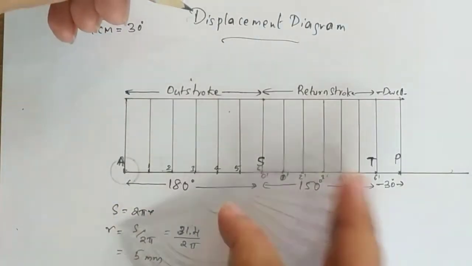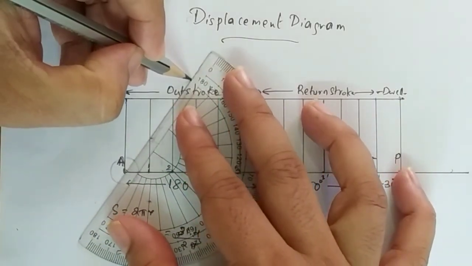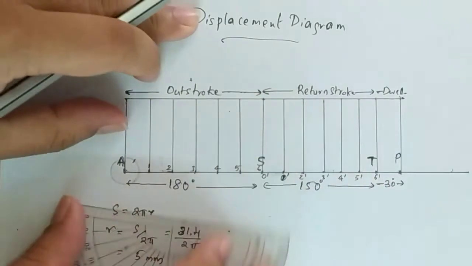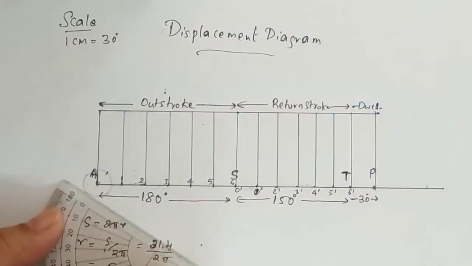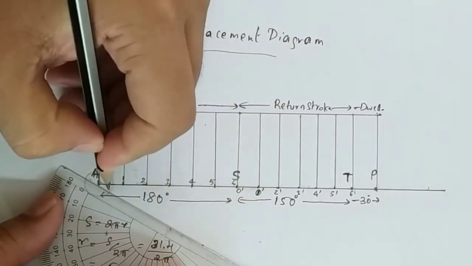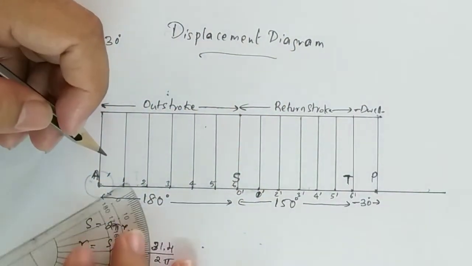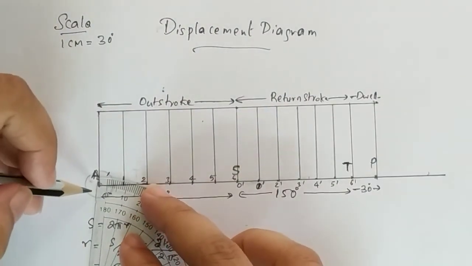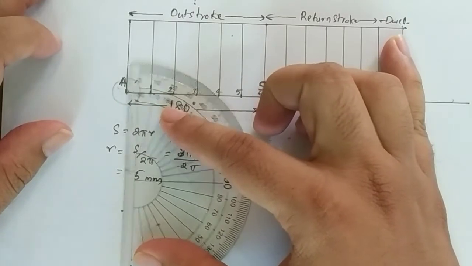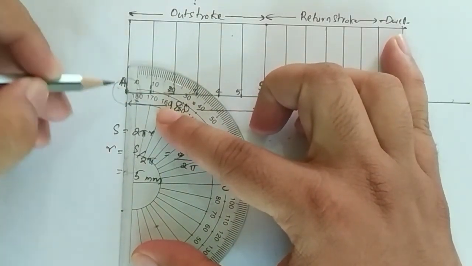Now we can simply join those points with the circle. Mark the points on the circle. Next point I am marking, this is the next point. The marking should be with respect to the center. Now the next point is this one. Hope you can see. Yes, this is the next marking.